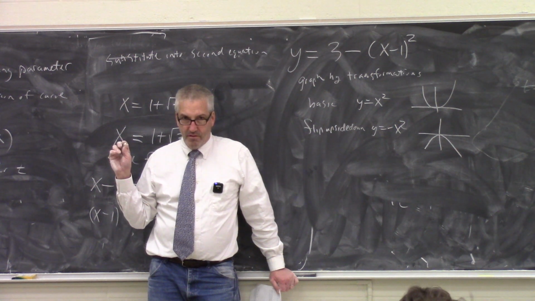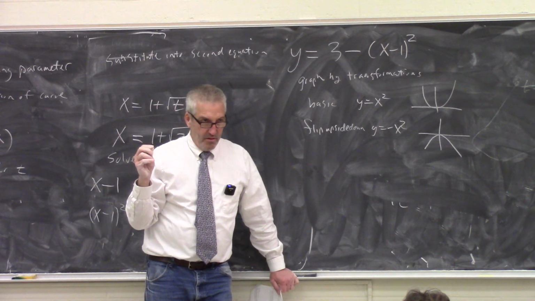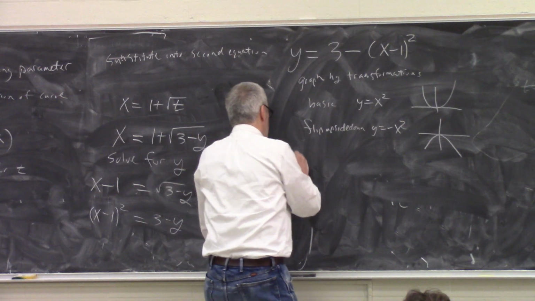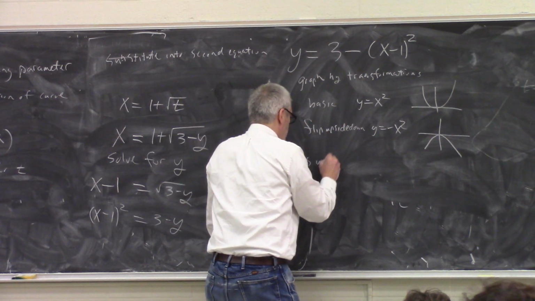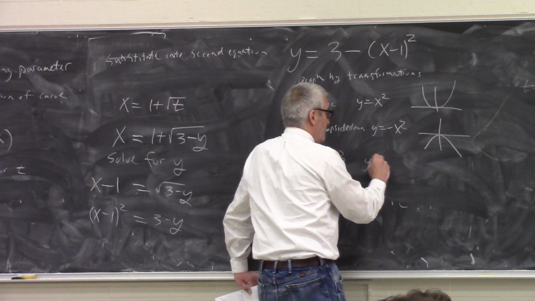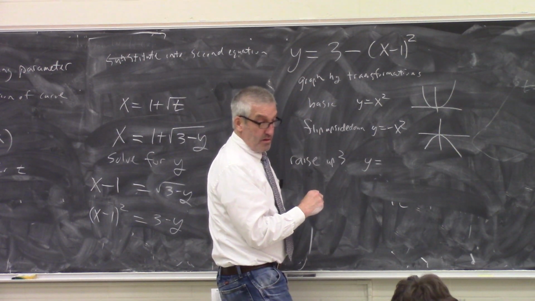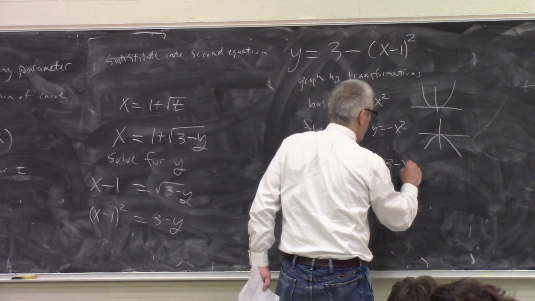This is high school transformation of graphs. Trent? Raise it up 3. So y equals, what's the formula? Minus x squared plus 3. Yeah, so 3 minus x squared.